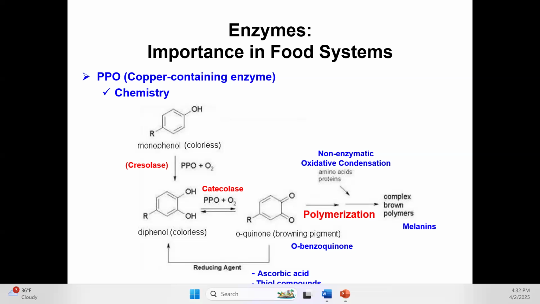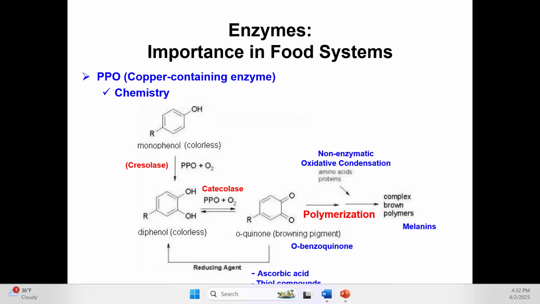So you can reduce it back if you add ascorbic acid or a reducing agent like thiol-containing compounds or sodium sulfite, for example. Sodium sulfite is a reducing agent that you can use for food application.